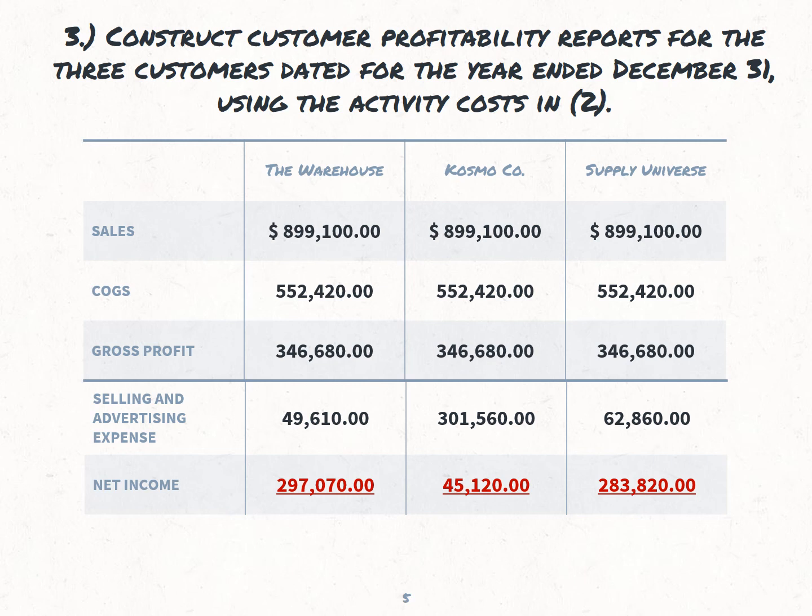While for Cosmo, we will deduct the allocated cost of $301,560 from the gross profit of $346,680 with a total of $45,120. While Supply Universe allocated cost is $62,860 deducted from the gross profit, we have a net income of $283,820.